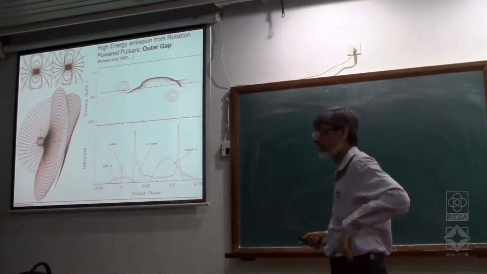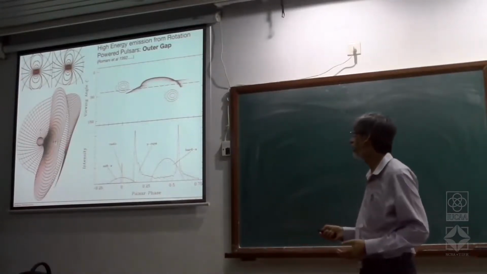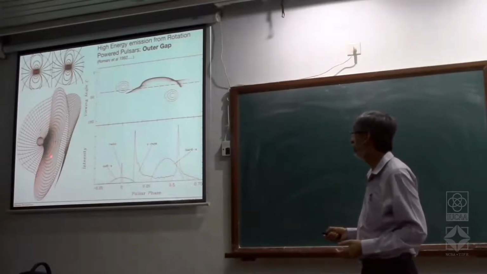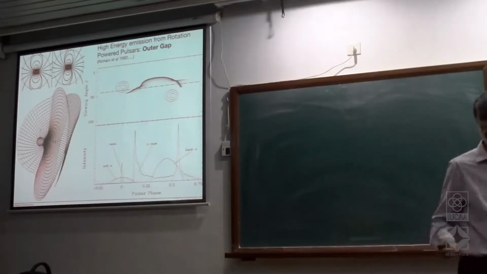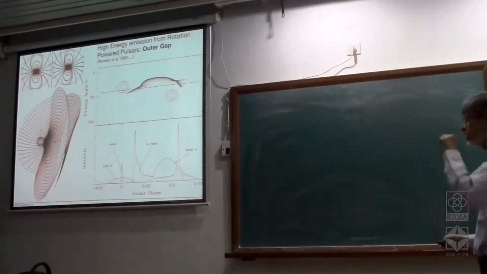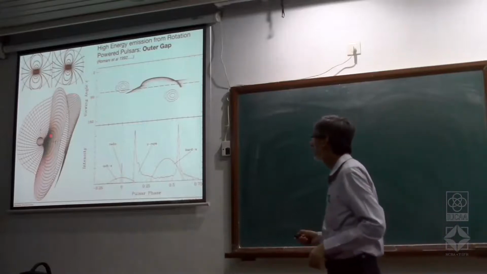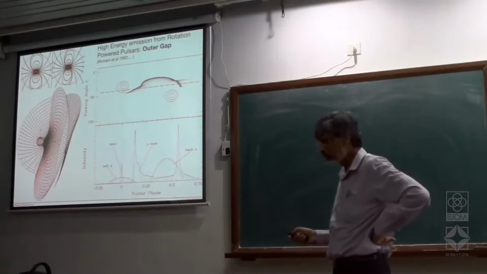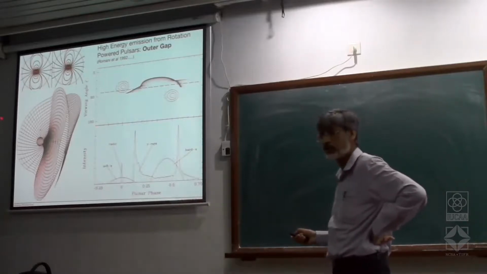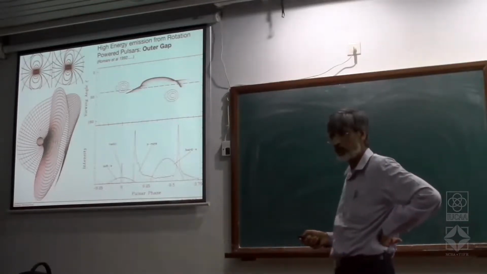So there you now take the outer gap retaining surfaces, in a 3D plot, it looks like this complicated surface, and then you look at the distribution of the emission in space.